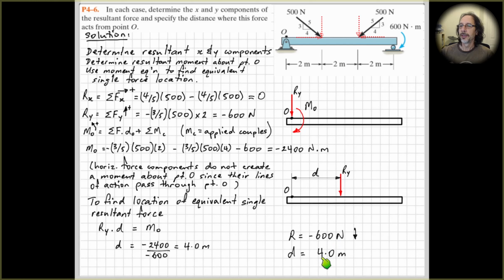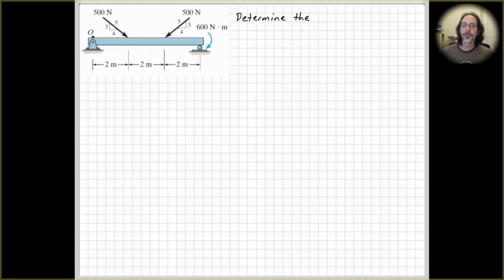And then that needs to act at a location 4 meters from 0.0 for it to be equivalent in terms of the moments. All right, so that's the end of that part of the question. Let's move on to determining the reactions at the supports.